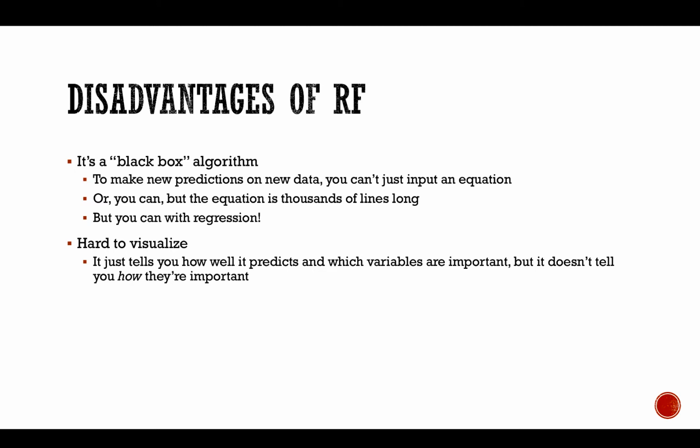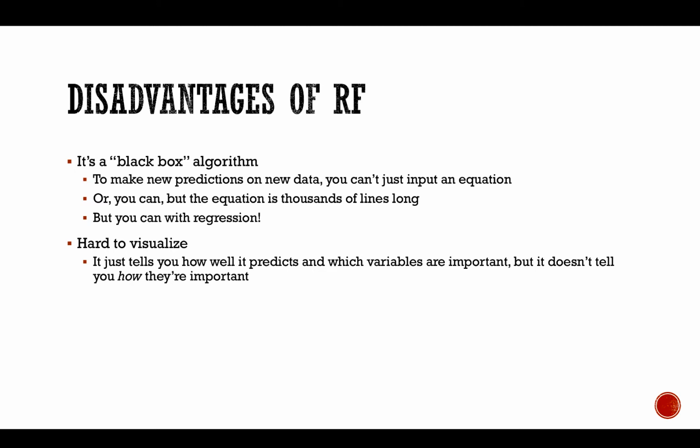Well, the problem with random forest is that the quote-unquote equation is 2,000 trees. And so basically it's 2,000 if-then statements that have lots and lots of nesting. So you're talking thousands upon thousands of lines of code for the equations. And that's kind of frustrating. It's not like you can go online and put your entire random forest algorithm in the appendix. That's going to take hundreds of pages. So that's a limitation of random forests, which is not a limitation of regression.